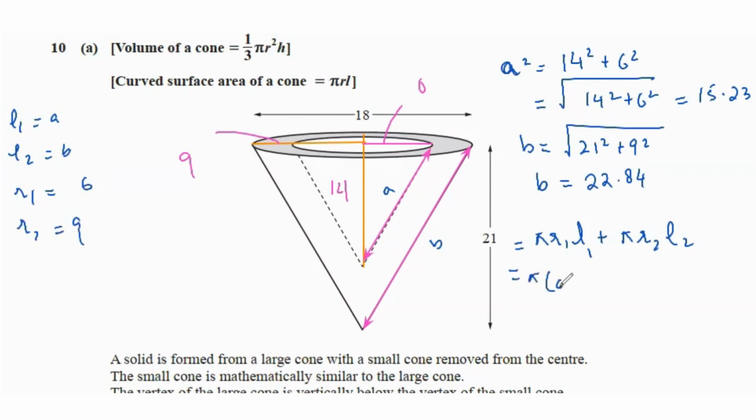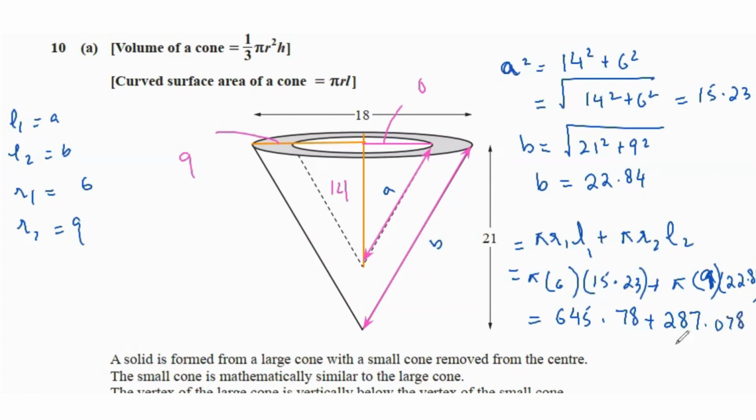So pi times 6 times 15.23 plus pi times 9 times 22.84, and that is going to give us 645.78 plus 287.078.